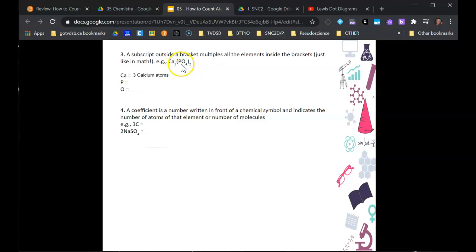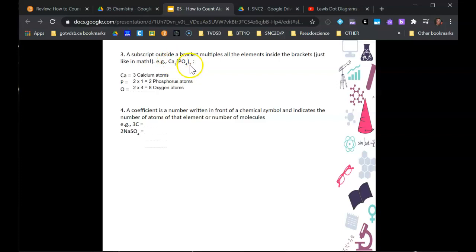Inside the brackets, we had 1 phosphorus. We have a 2 outside. So to figure out the total number of phosphorus, it's 2 times 1, which is equal to 2 phosphorus atoms. How many oxygen do we have? We have 2 outside the bracket, and we have 4 inside, so 2 times 4 is equal to 8 oxygen atoms.